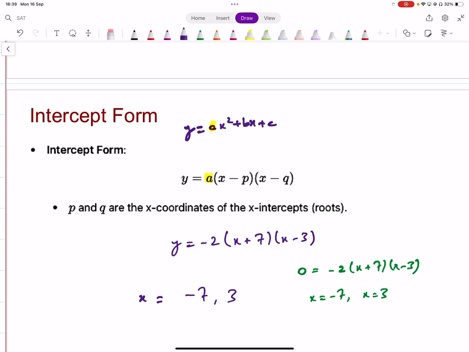If you had this function instead, in the intercept form, can you tell me the turning point of this function? What's the turning point of this function?